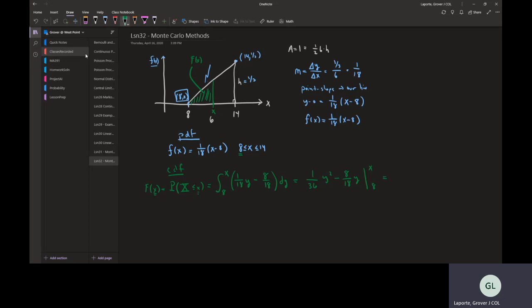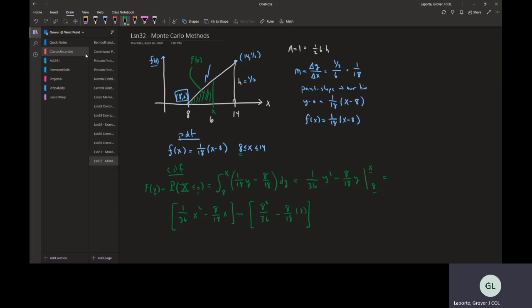So now we're putting the x in, and we get 1 over 36 x squared minus 8 over 18 x, and that's by substituting the top number, the x, into this thing, and now I'm going to substitute the bottom number and subtract it. Everyone remembers hopefully their integration things. So 8 squared over 36, and then minus 8 over 18 times 8. Okay, so all I did was substitute 8 in to get this second part.